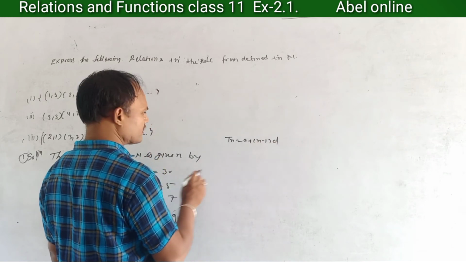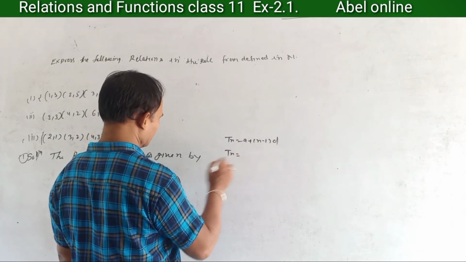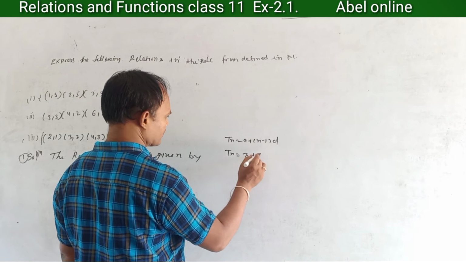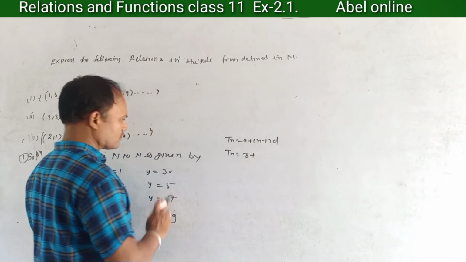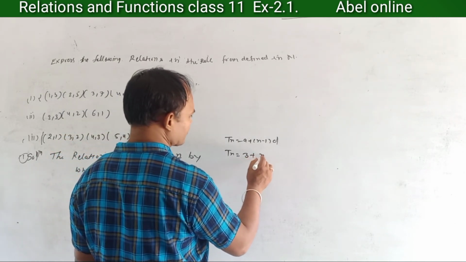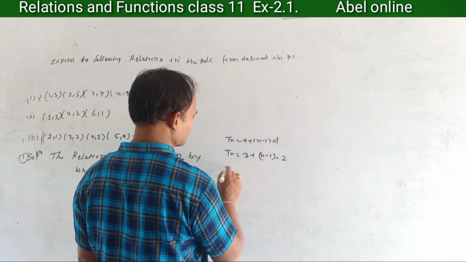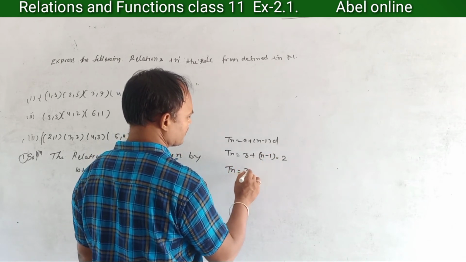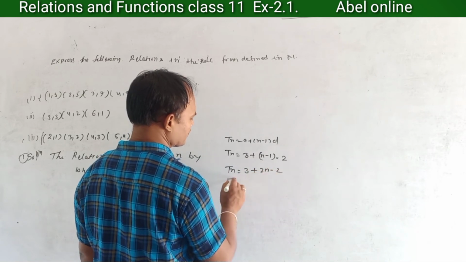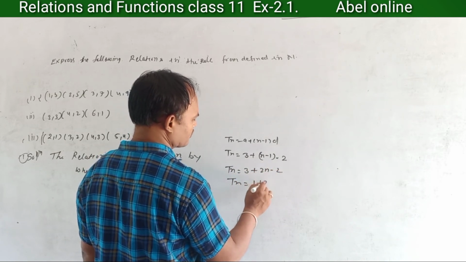What is the initial value? a is 3, so Tn equals 3 plus n minus 1 times d, and d is 2. So Tn equals 3 plus 2n minus 2, so Tn equals 1 plus 2n.